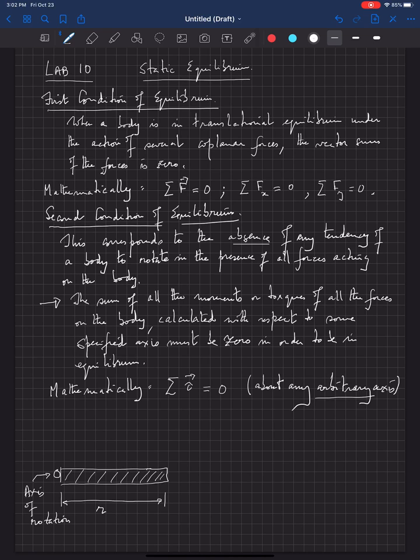All right. And so let's now apply a force. Okay, I'm going to apply a force here. And let me define this angle that the force makes with the door.